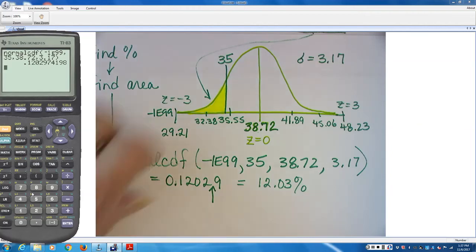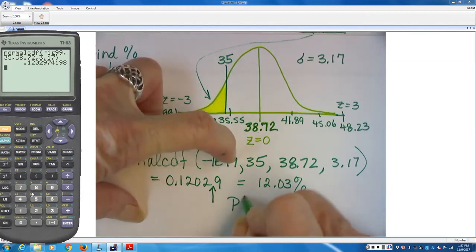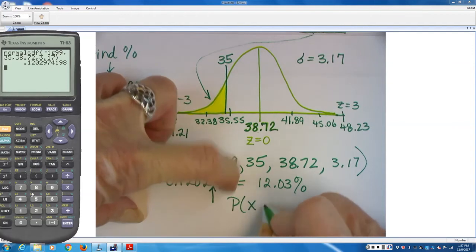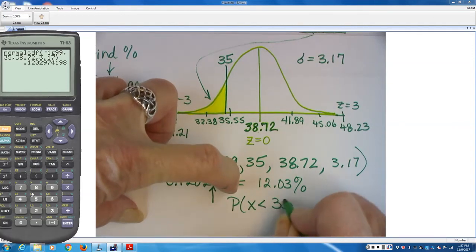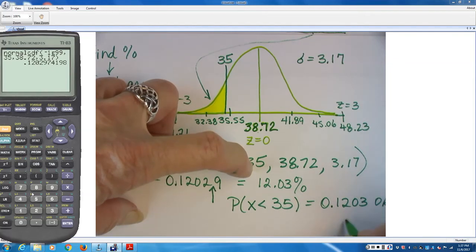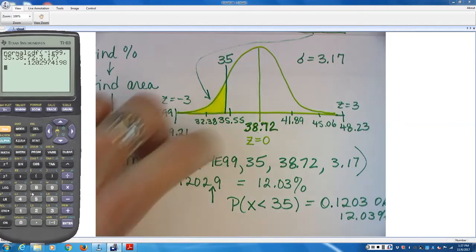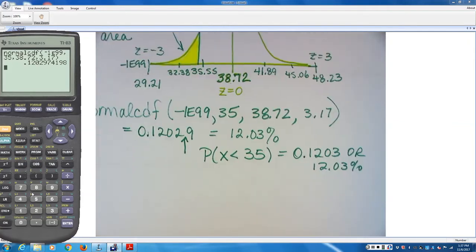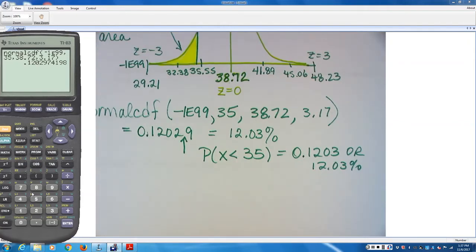And if you write that as a probability, that's the way that you would write it. Or if it says to answer in a sentence, then you'd say 12.03% of her patients are less than 35 inches tall.